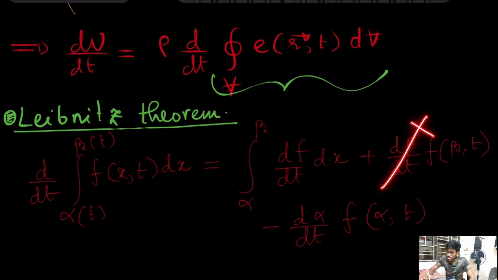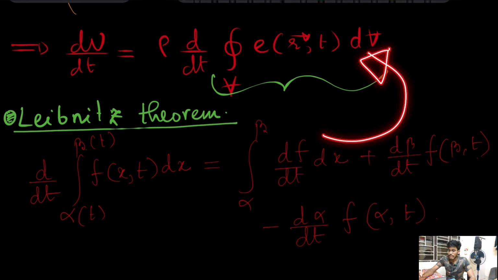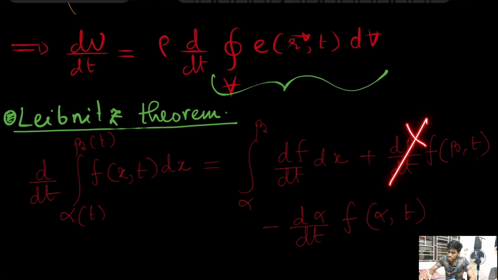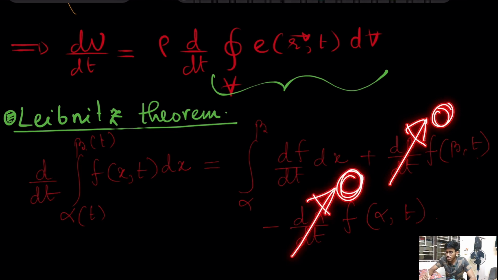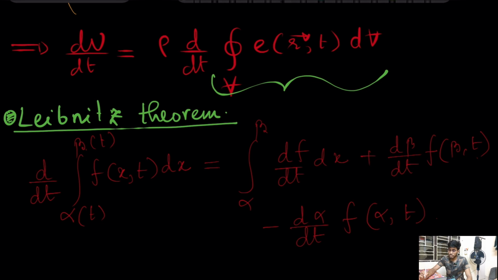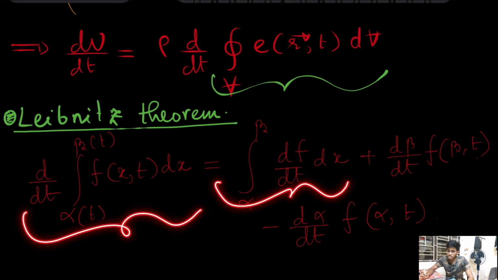So then this can go to 0. If I apply the Leibniz theorem into this equation, then if these limits are not changing with time, this is going to 0. So then this term is equal to this term.